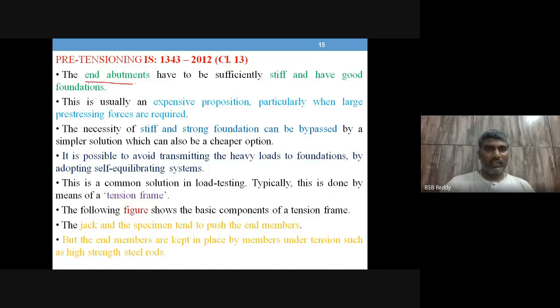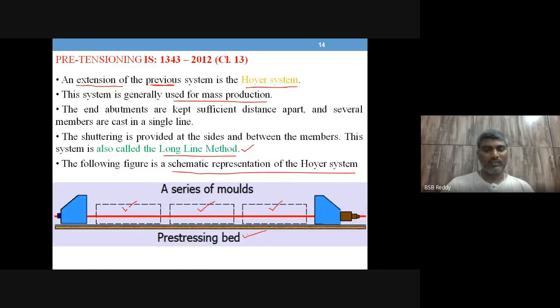The end abutments have to be sufficiently stiff and have good foundations. The problem with pre-tensioning, we have already talked about this. These abutments shall be very strong so that they do not move.